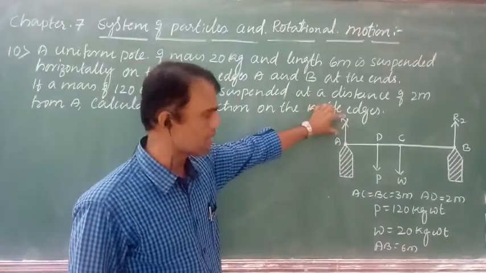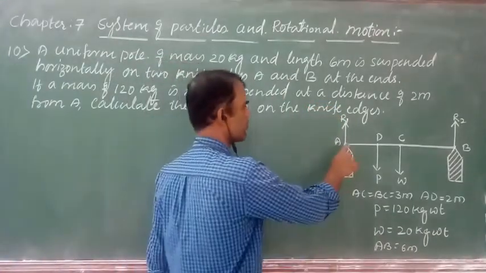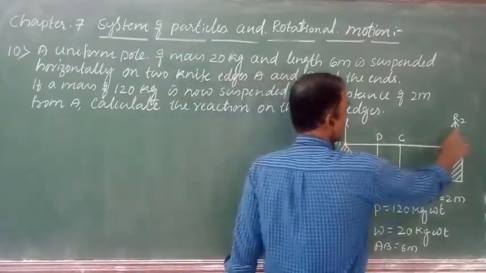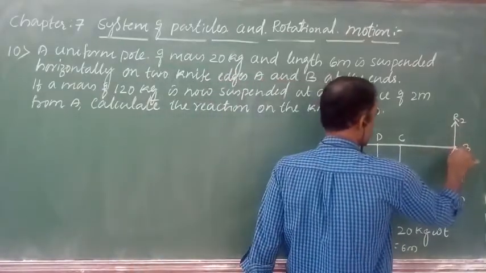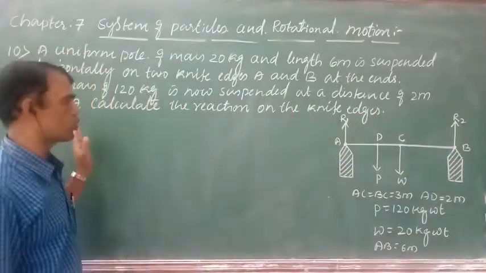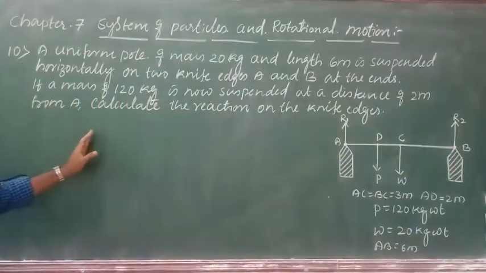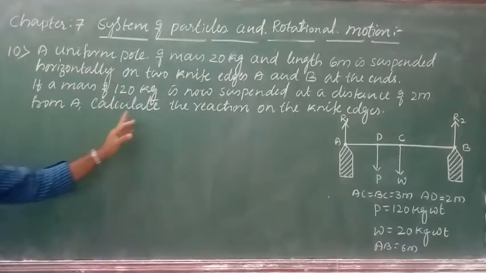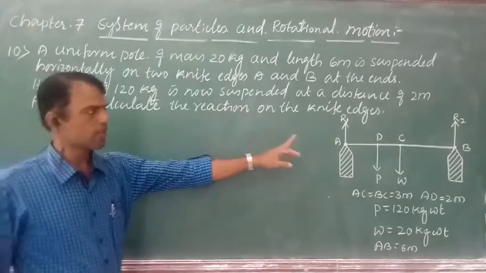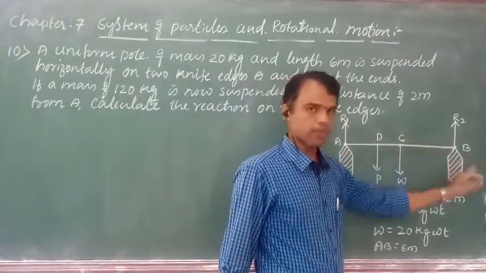I have marked R1 as the reaction force on the knife edge at A, and R2 as the reaction force on the knife edge at B. So we want to know the values of R1 and R2.